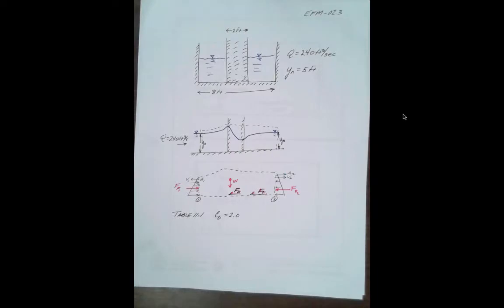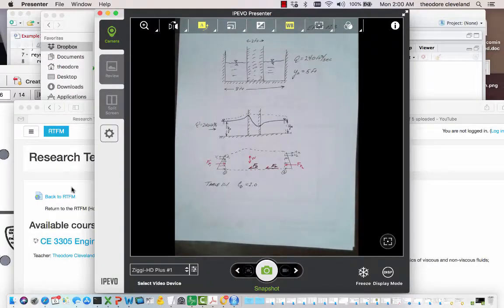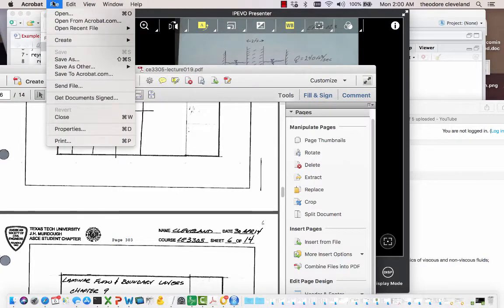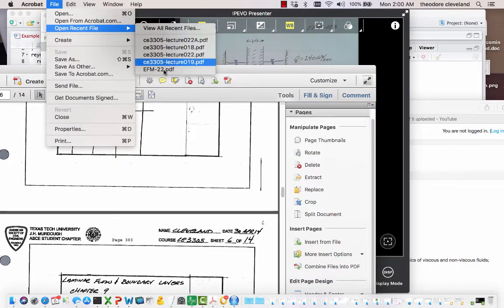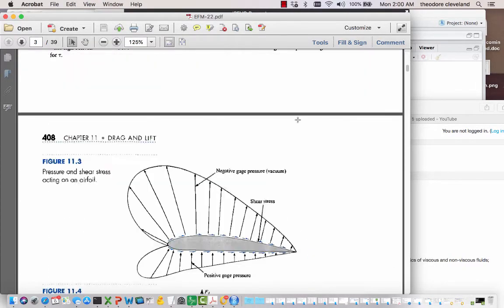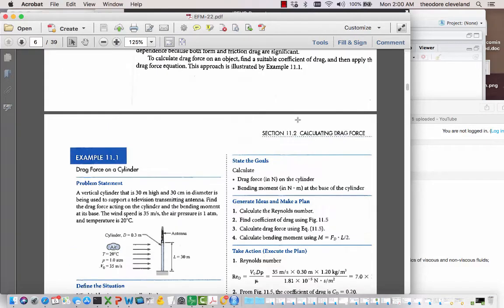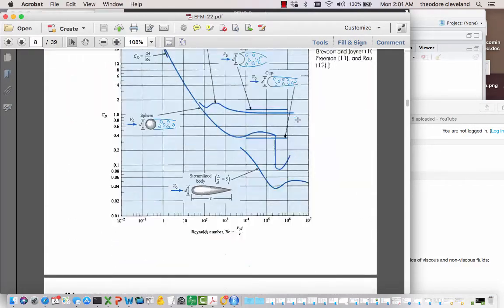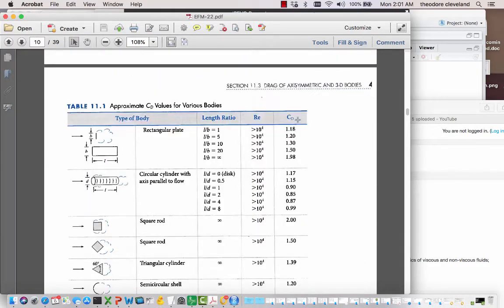Let's go ahead and verify that that is actually true. Lecture 11, and it's 11.1. It's the table that we want. Where is my table?